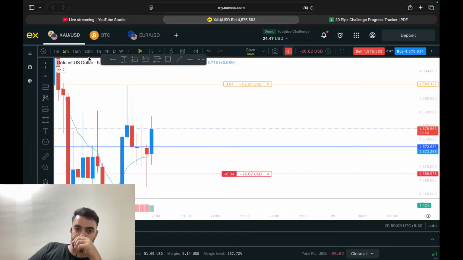If I had stuck with my original SL, it would have been taken out by now. But I changed the SL to a more logical place, which makes more sense.